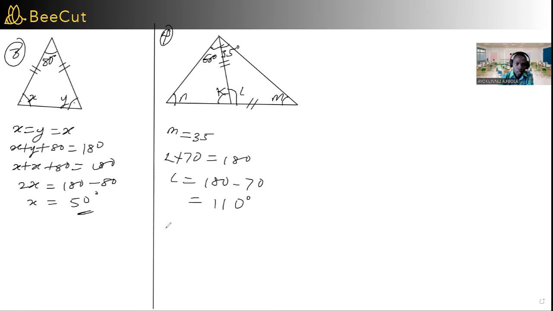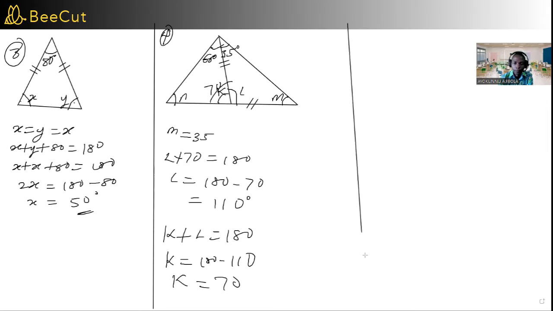Then K plus L is 180, and L is 110. So K equals 180 minus 110, and that's K equals 70. So once I know my K is 70, then I can find this one.